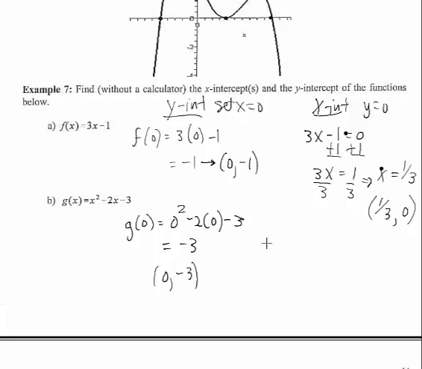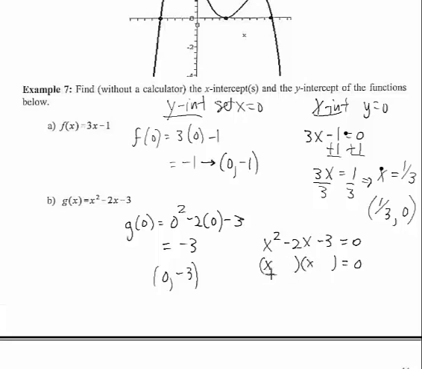Now the next one would be a bit tricky because this would result in a quadratic equation. However, it's already in standard form, meaning that I have 0 on one side, all the terms on the left. With this squared term, I have to factor, or I have to apply the quadratic formula. In this case, x squared minus 2x minus 3 is factorable.